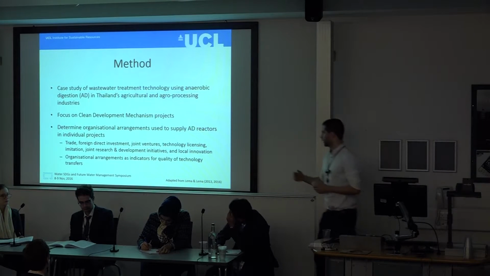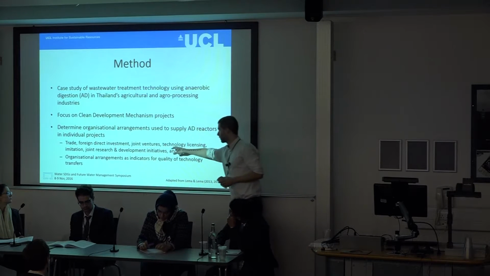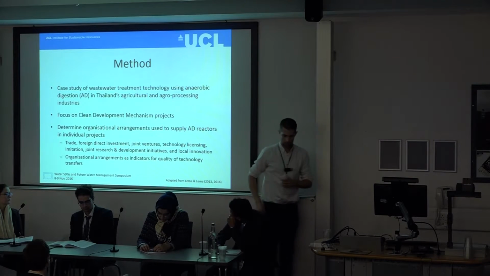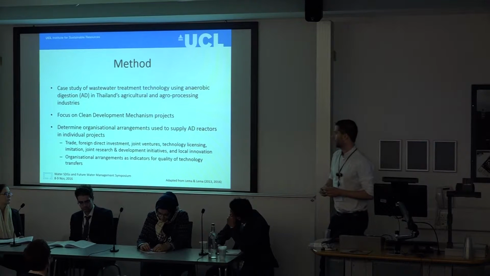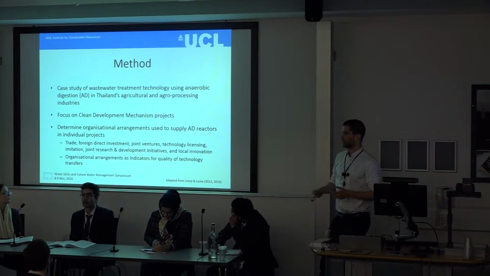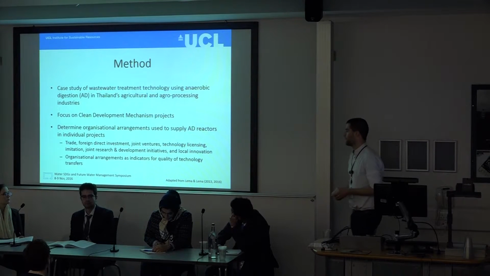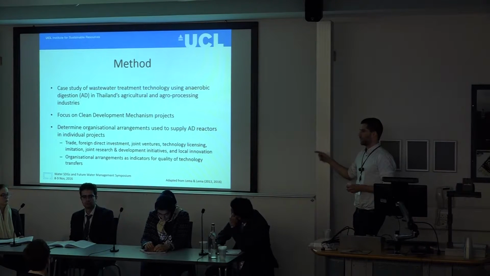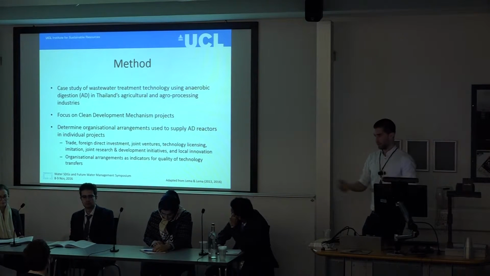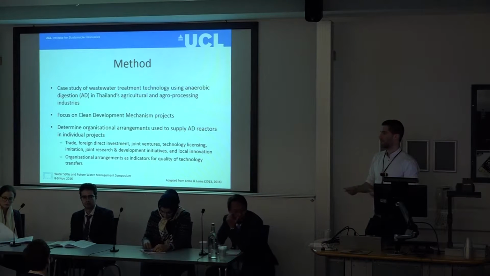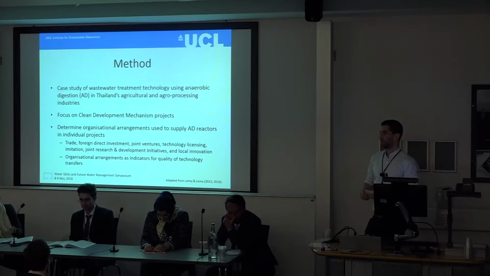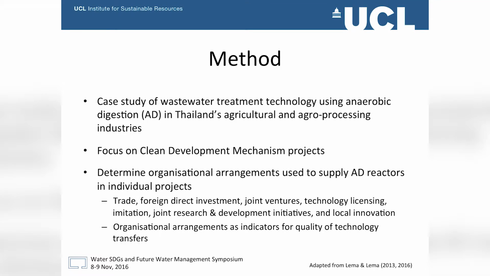So I included a list of the types of arrangements that I focus on here: trade is one, foreign direct investment, joint ventures, technology licensing, technology imitation, joint research and development programs, and local innovation. And by determining which of these arrangement types has been used in individual projects and how often they have been used, I develop an indicator for the quality of technology transfer that has likely occurred on the ground.